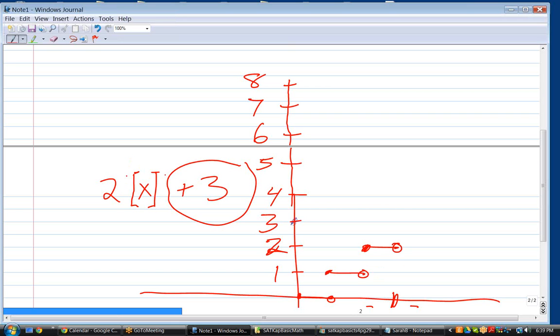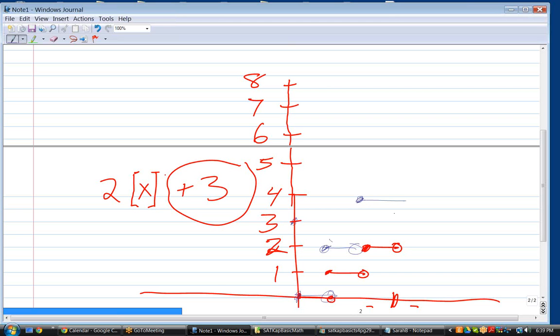If we multiply it by 2 first, then all it does is vertically stretch it. Let me use the blue pen. It vertically stretches it by a factor of 2, so there would be the first one, the second one, and the third one.